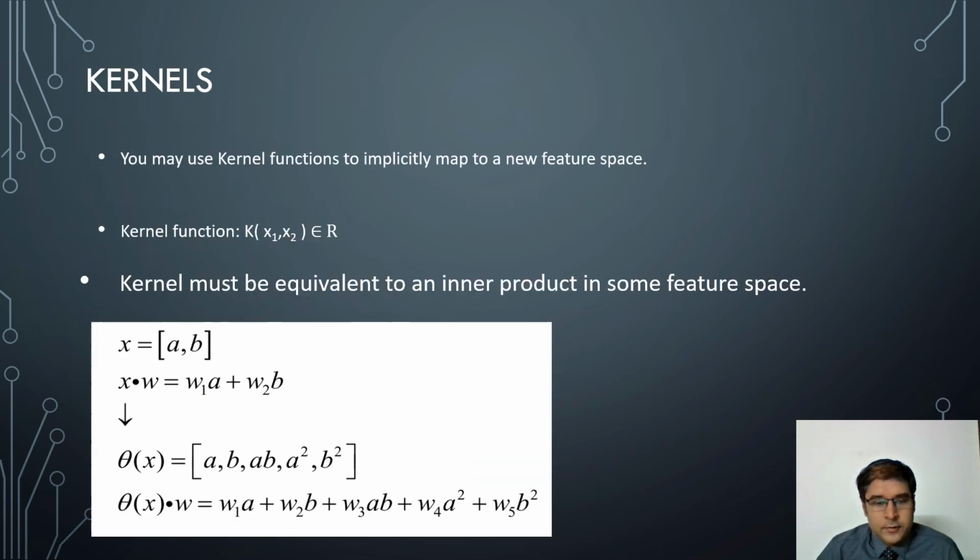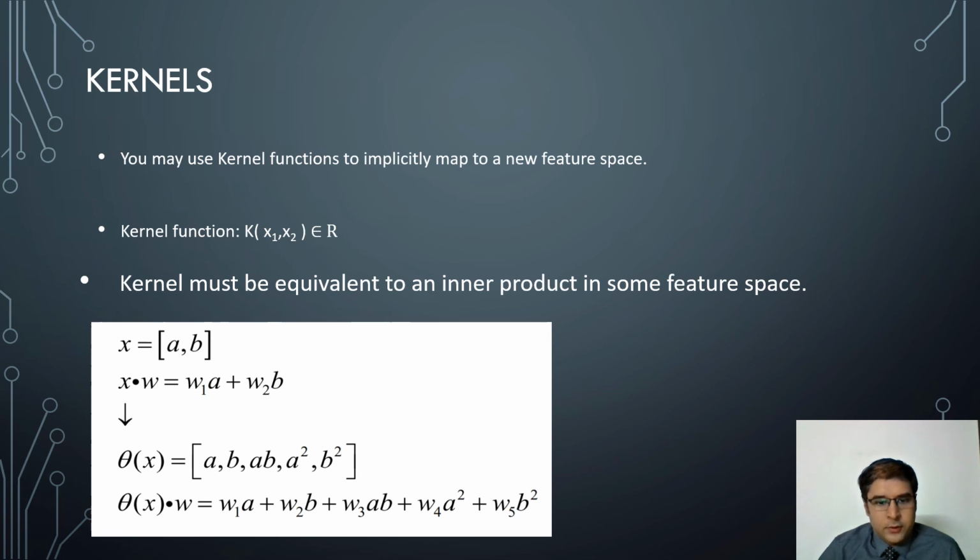So finally, we discuss the working functionality of transforming to non-linear SVMs, which is kernels. You may use kernel functions to implicitly map to a new feature space. Kernel function is defined as k(x1, x2) element of R. So given two variables x1 and x2, we map them to a higher dimension using the kernel function k.